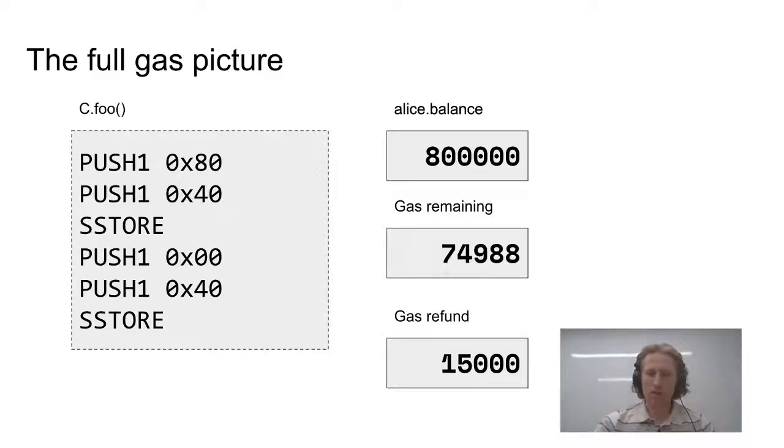But notice that there's this gas refund, which is now 15,000. So the net of that is like getting 10,000 back. But notice that you can, at a maximum, only use the initial start gas value worth of gas. That value can only go down to 0. It can never go up. If you execute an opcode with negative gas, what happens instead is that this gas refund goes up.